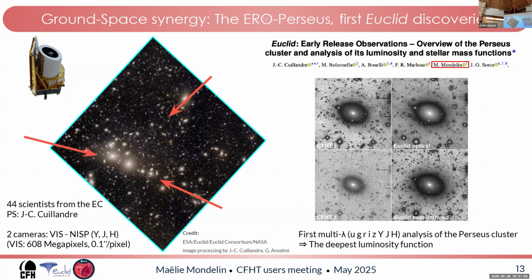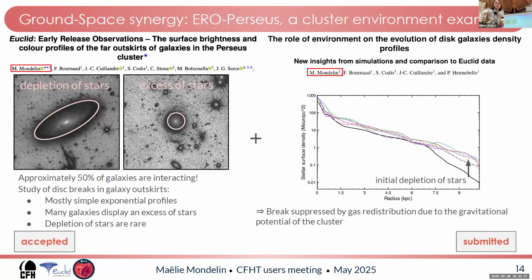During the early release observation, we used the CFHT data to produce the first multi-lambda analysis of the Perseus cluster. At the end, we obtained the deepest luminosity function for Perseus. It was really a great result. So thank you, my collaborators, for this fantastic work.